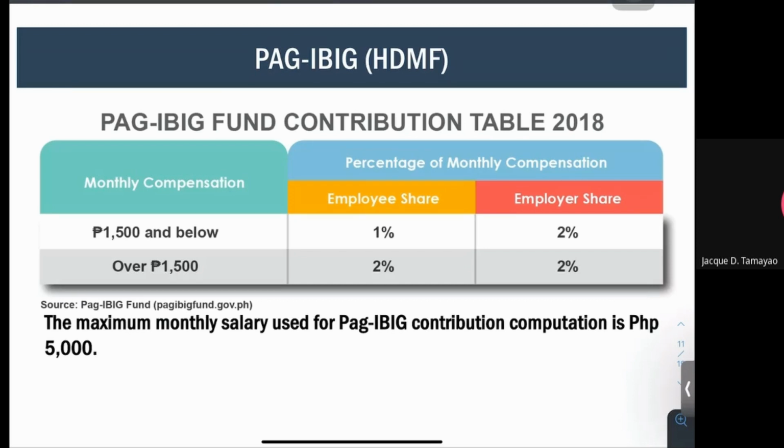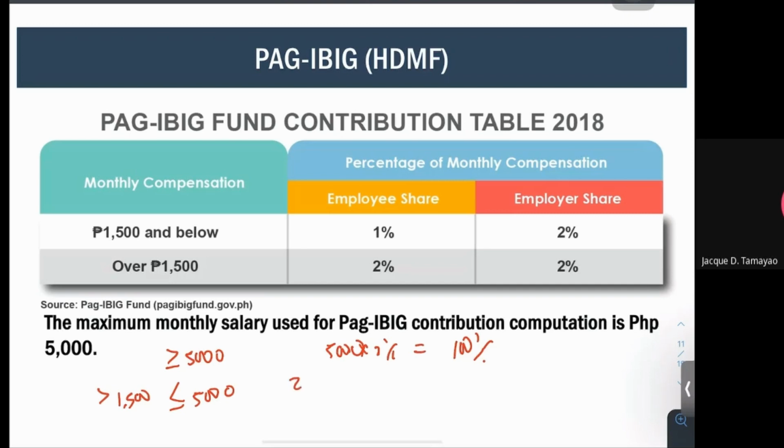So in short, if it is more than or equal to 5,000, it is 5,000 times 2% or 100. If less than or equal to 5,000 but greater than 1.5, we use 2%. Okay?